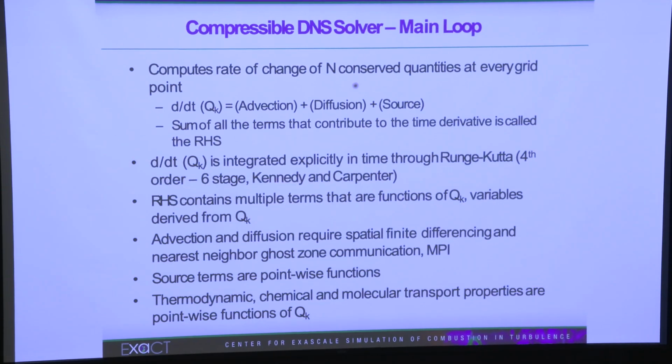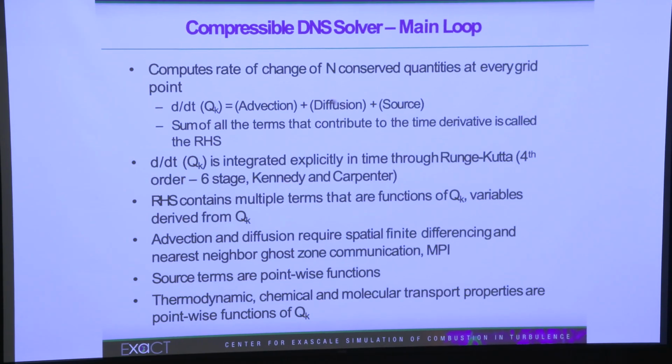The right-hand side terms contain a bunch of terms that are added together algebraically that are functions of the dependent variable vector, Q sub k, and variables derived from Q sub k. The advection and diffusion operators in the RHS require spatial finite differencing.